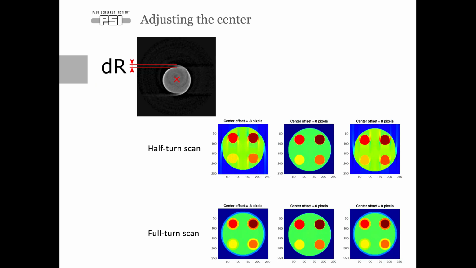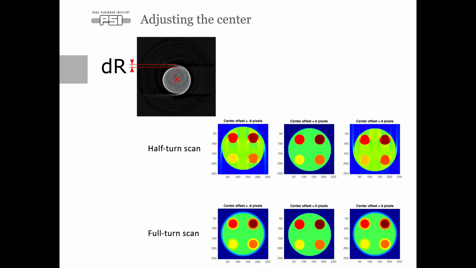Sometimes when you do this, you may not exactly hit the perfect center, and then you get artifacts looking like this. You can see that there is a skip here, and this gives you some kind of tail effects. Those you need to get rid of.